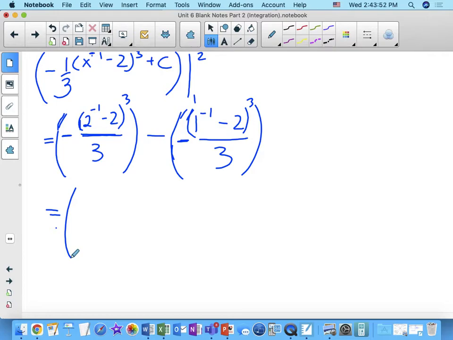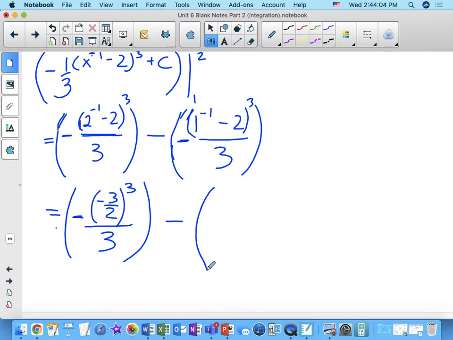Negative 3 over 2. Okay, this is 1 to the negative 1, which is 1, minus 2 cubed. 1 minus 2 is negative 1. Okay, whew.